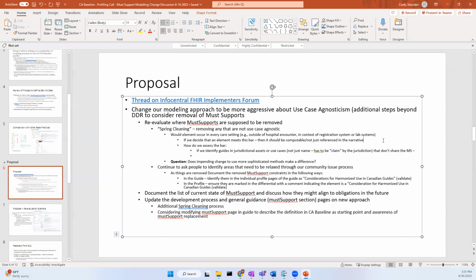With the words must support, you have to make sure to have all those solutions set up, ready to handle those must support elements and values at the receiver end.